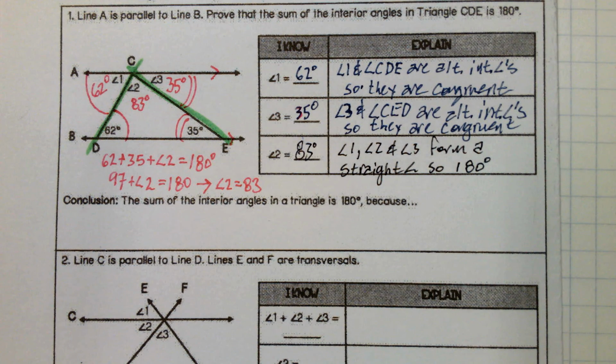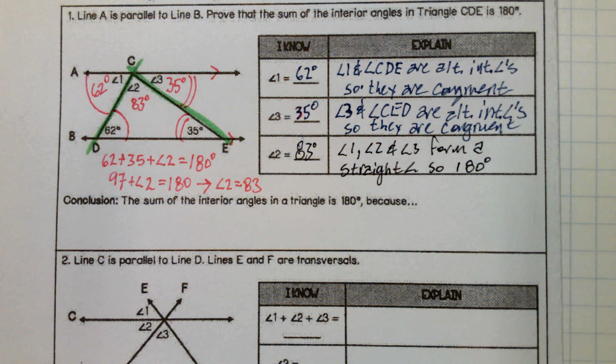Yes. And the numbers would change, but the relationship would stay the same. And you would always have these angles adding up to 180. So basically, we just proved that the sum of the interior angles of a triangle is 180 because we can recreate this situation with any numbers we want, and it would still add up to 180.